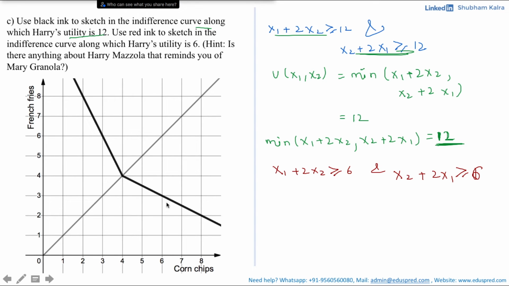What you can do is, now you know the basic shape of your indifference curve. So if you want to draw the indifference curve giving you different utility levels, all you have to do is just shift this indifference curve upwards or downwards.